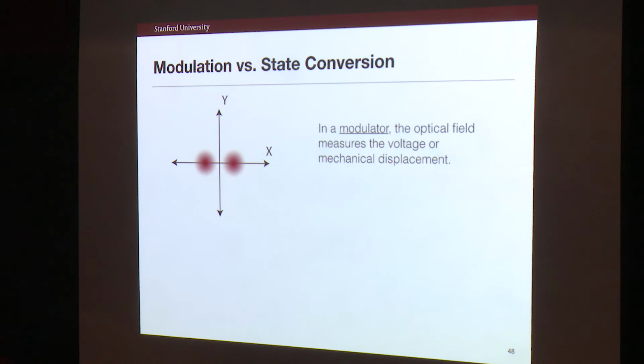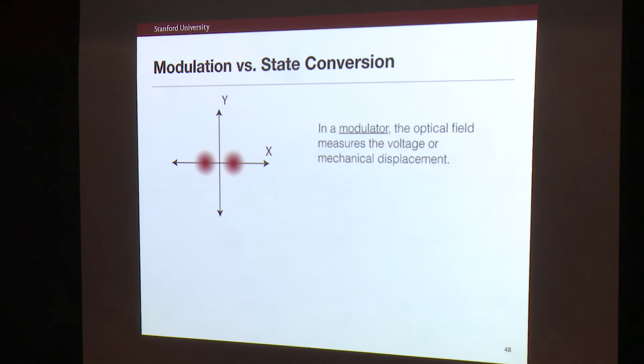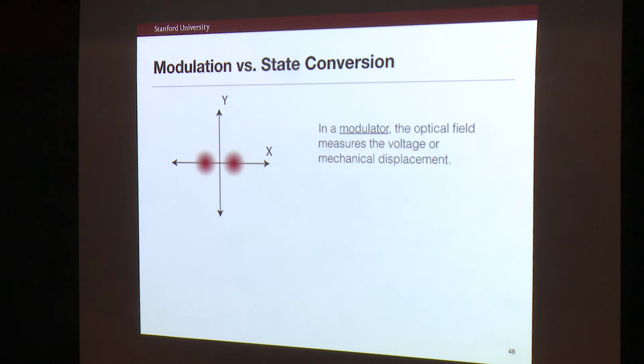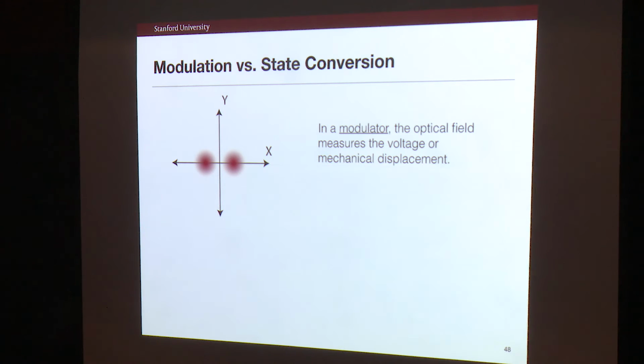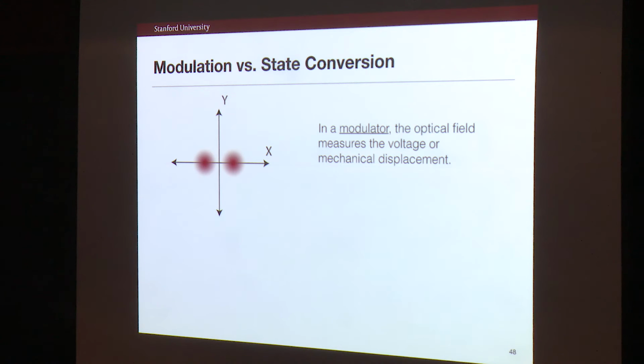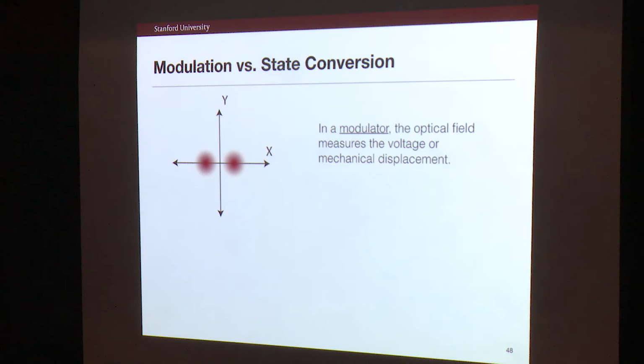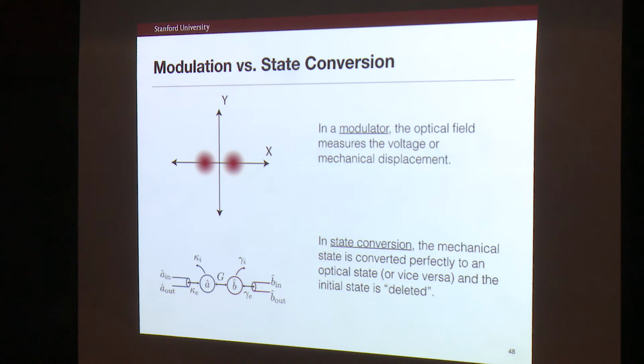Before that, I want to really distinguish between two different things. An optical modulator is something the internet runs on. Basically, it's a device where you send in a microwave signal, and it imparts that information onto your optical signal. So in a way, you're using low intensity light to make a measurement of a microwave signal. That's what a modulator is.